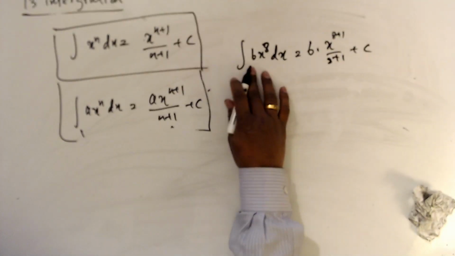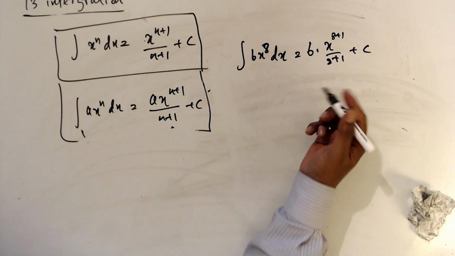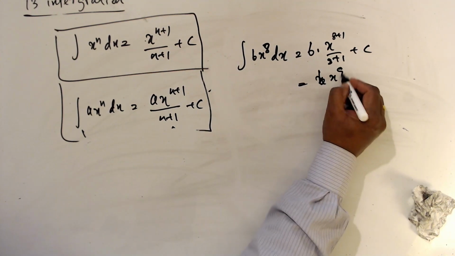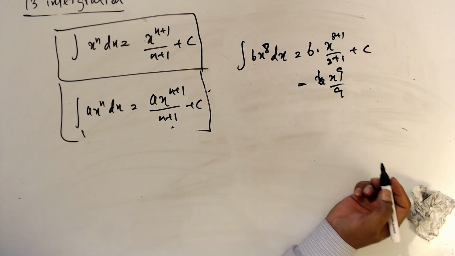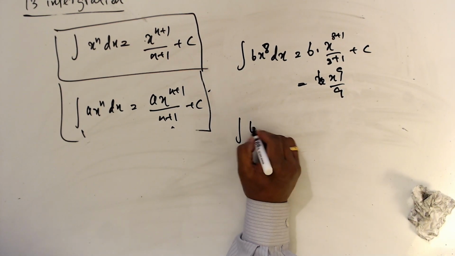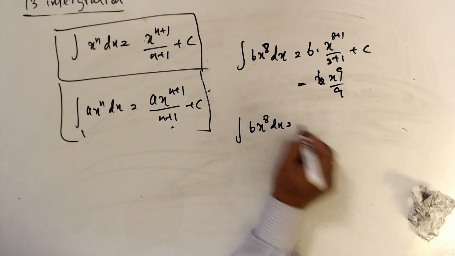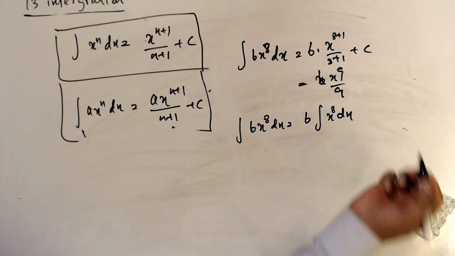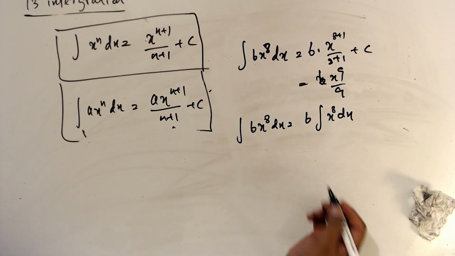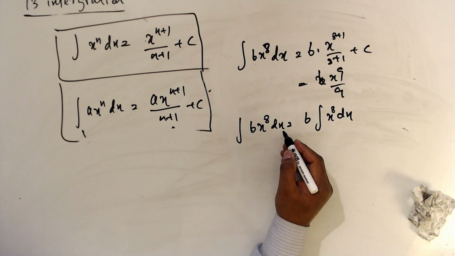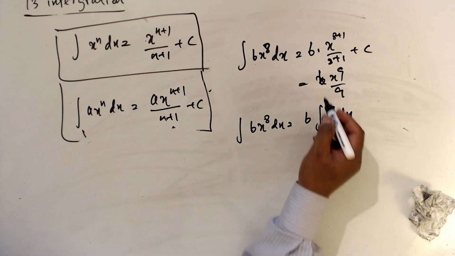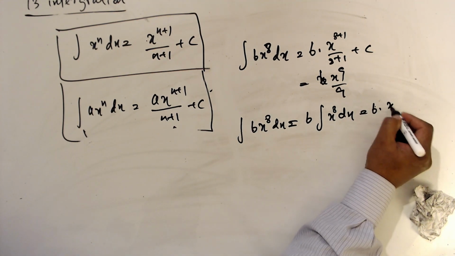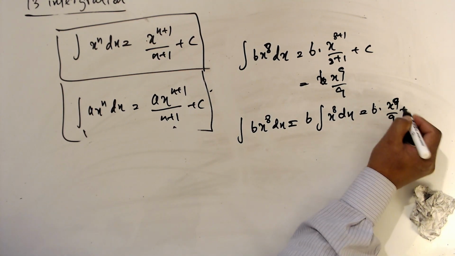You disregard 6 simply and do the simple operation: 6 x^9 over 9. But I rather like to take 6 out from x^8 dx. Then it is crystal clear, because 6 is going to stay the same. Then this is 6 x^9 over 9 plus c.